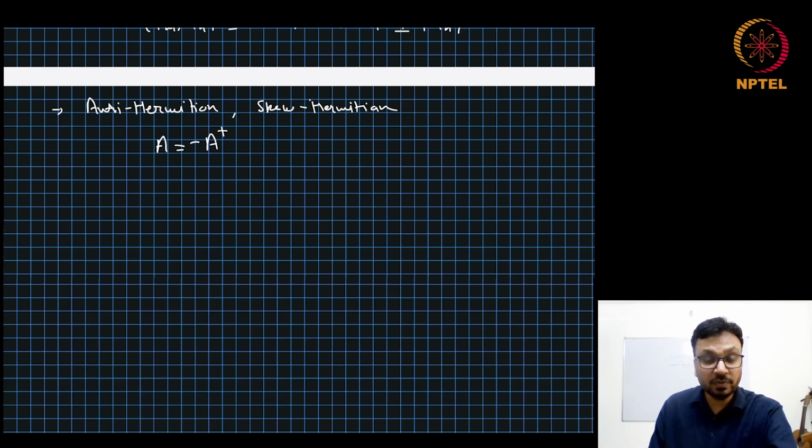So it's not equal to its adjoint, but it's the negative of its adjoint. Now very easily we can see that if we have a Hermitian operator H and we multiply it with i, which is the square root of minus 1, the dagger of iH is minus i H dagger, which is minus i H. So this implies that iH is always anti-Hermitian.